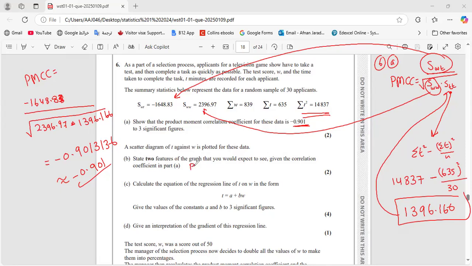So the graph goes down, where this axis is T and this axis is W. W is the test score, and T is the time taken to complete the task.